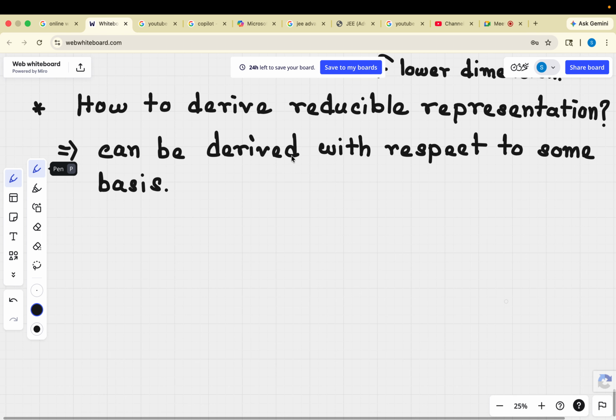So how to derive this reducible representation? It can be derived with respect to some basis. And second is your 3n coordinate.